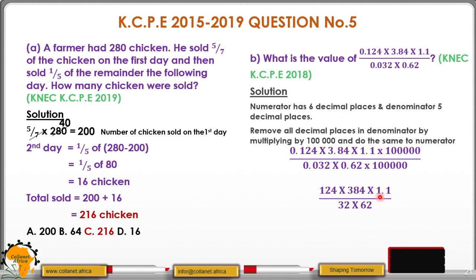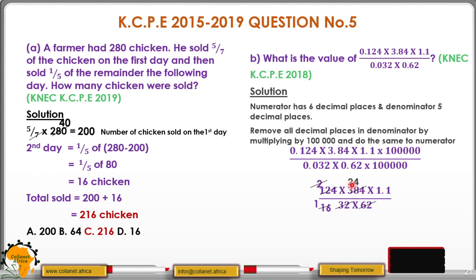So after you have done that, you are left with 1 decimal place here, because what you do to the denominator should be done to the numerator. After we have done that, we do the cancelling. By 62, 1 by 62 you get 2. Then by 2, 1, and by 2 you get 16. By 16 you get 1, and by 16 here you get 24.